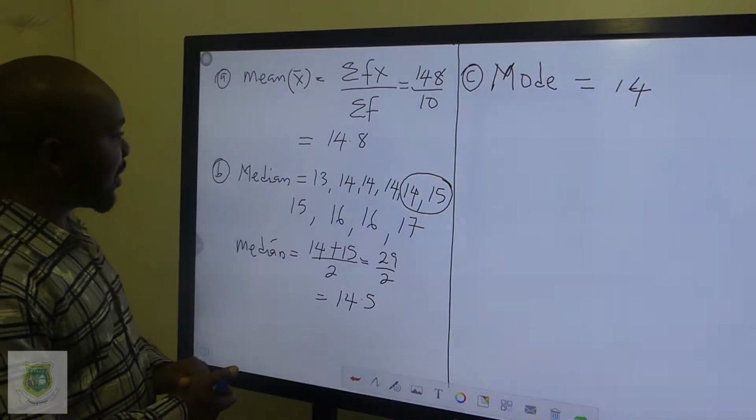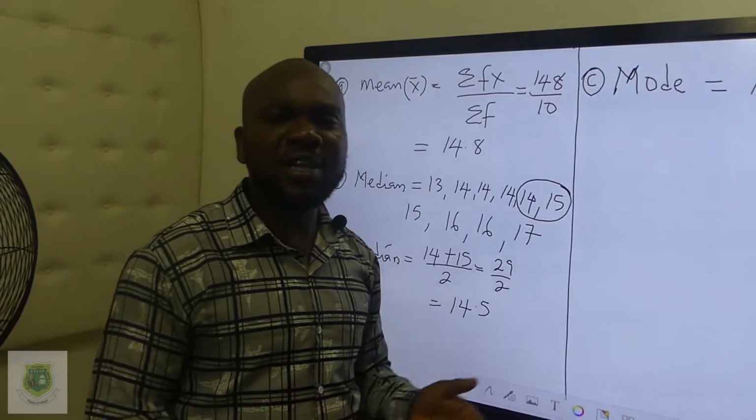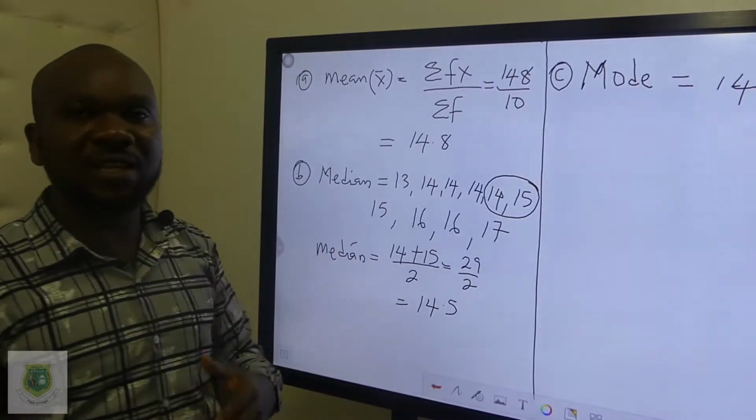Then we come to median. Remember I said that for the median you cannot just pick a number, you must arrange them in ascending or descending order.